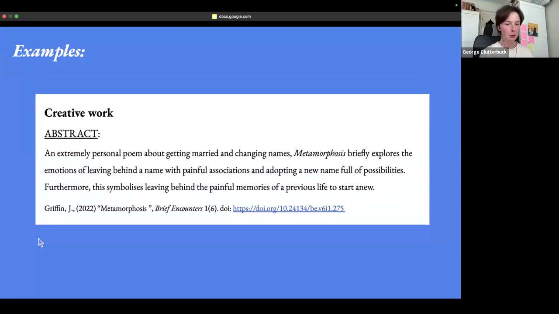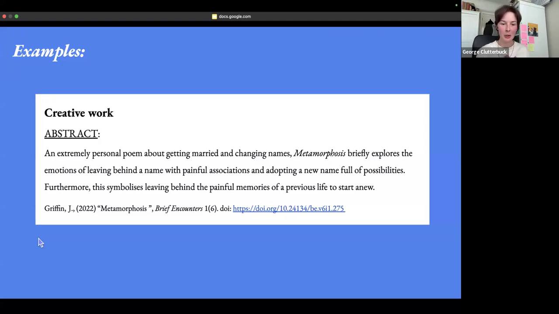So in this case, an abstract would be very different. The kind of knowledge you're making would be very different. It would be much more personal, possibly, but it would not necessarily be systematic in the way that Dr. Hashil has described. It wouldn't necessarily apply a particular method or a particular research design, though it would still produce knowledge.